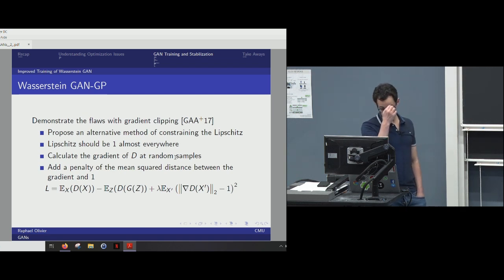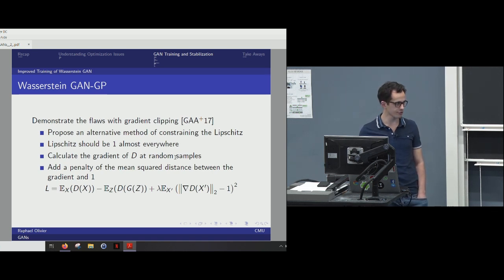Yeah. So here's an alternative where the setting is the same, but they just handle the Lipschitz part differently. This is Wasserstein-GAN with gradient penalty. That's what it means, WGAN-GP.